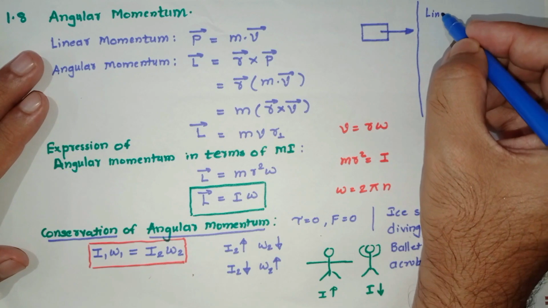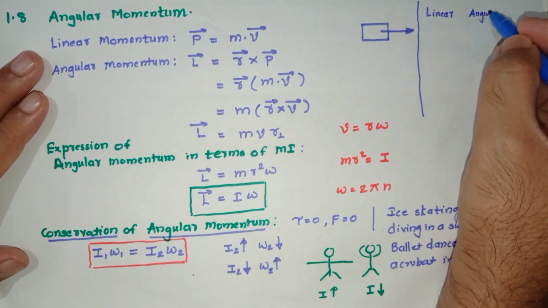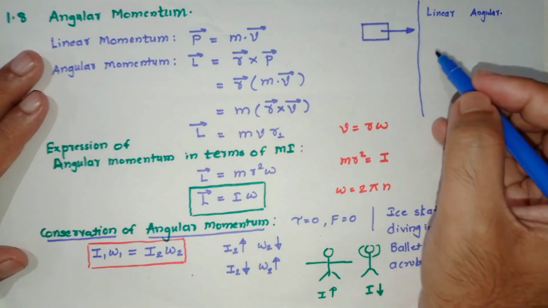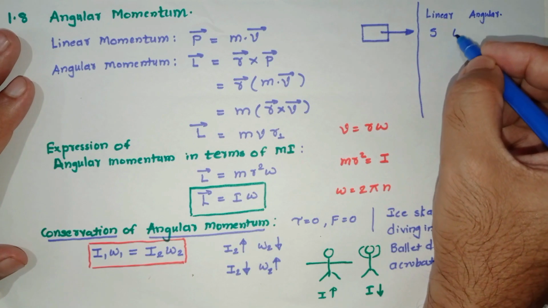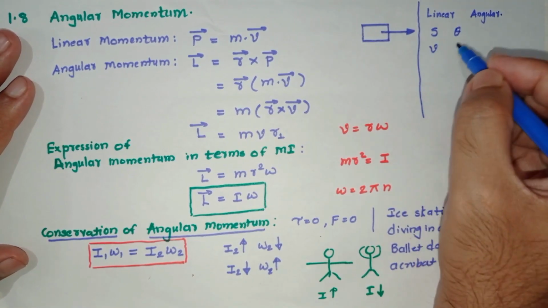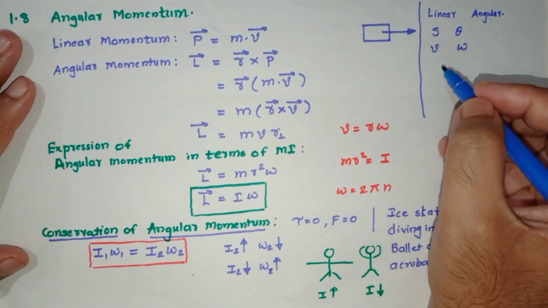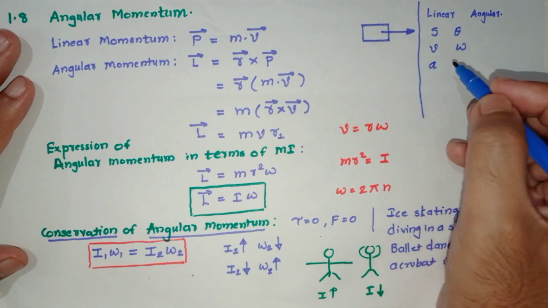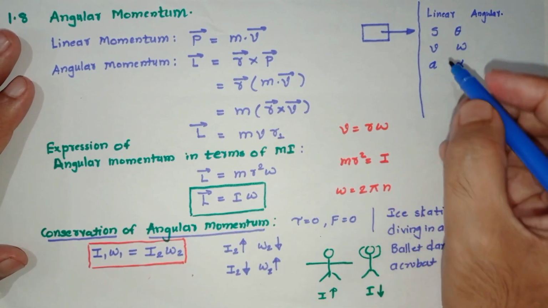Linear and angular. We know that linear displacement is s, angular displacement is theta. Linear velocity is v, angular velocity is omega. Linear acceleration is a, angular acceleration is alpha.